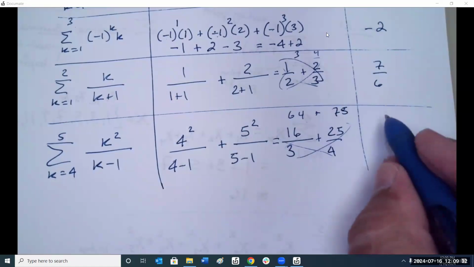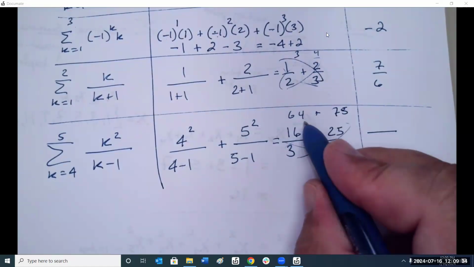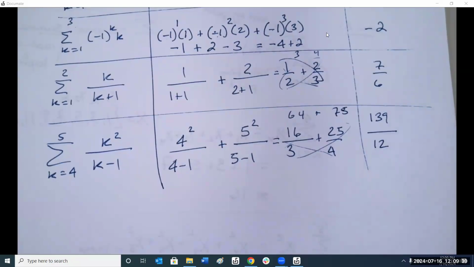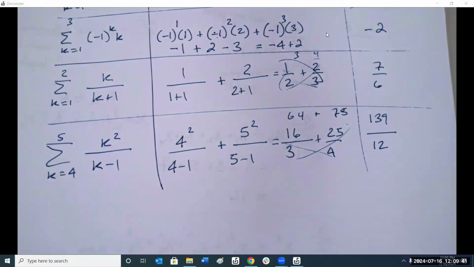That is 139 over 12. Pretty straightforward. You just have to keep track of where your numbers are.